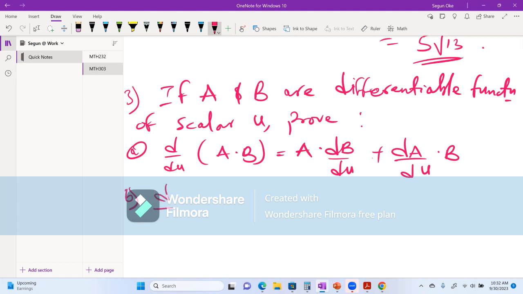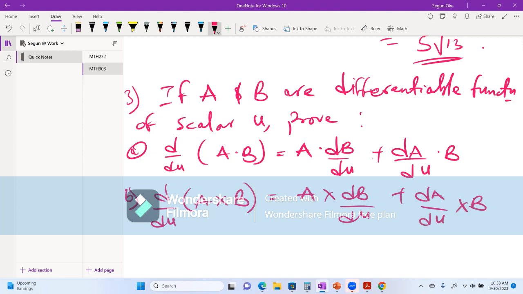Then they can ask you d/du of A cross B equals A cross dB/du plus dA/du cross B.